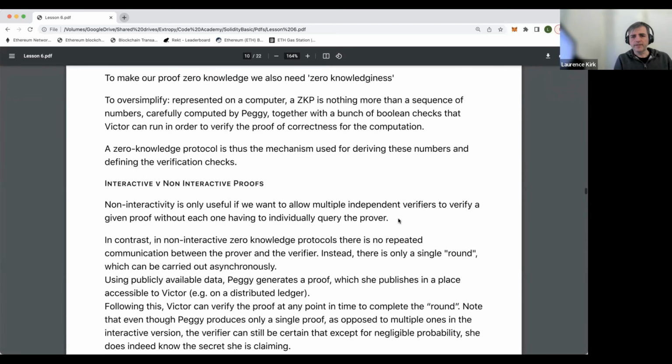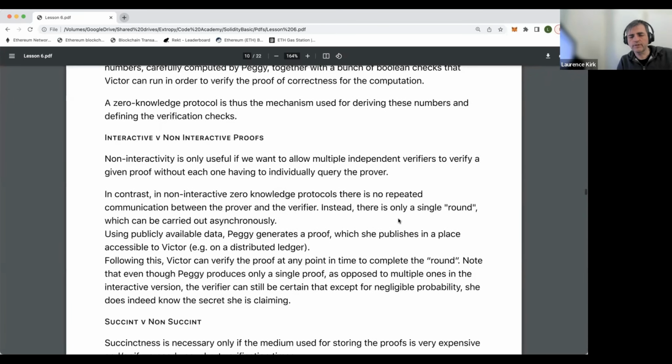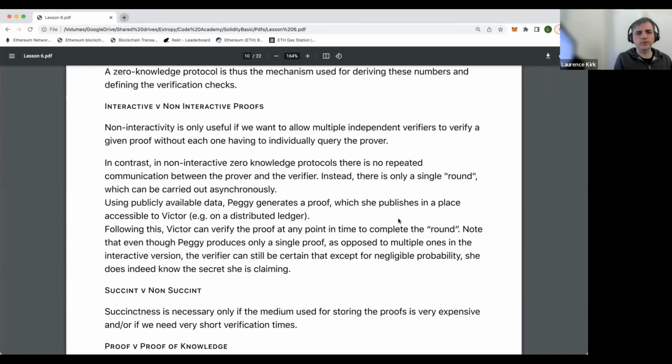Okay. Now, in one of the initial examples I gave you, when we had the colorblind verifier who was showing the billiard balls to the prover, we had an iterative process. So we had interaction between the prover and the verifier, and that is fine. I mean, that works, but it's a little bit cumbersome. And if we're talking about using proofs in the blockchain space, we don't really want to have that process.